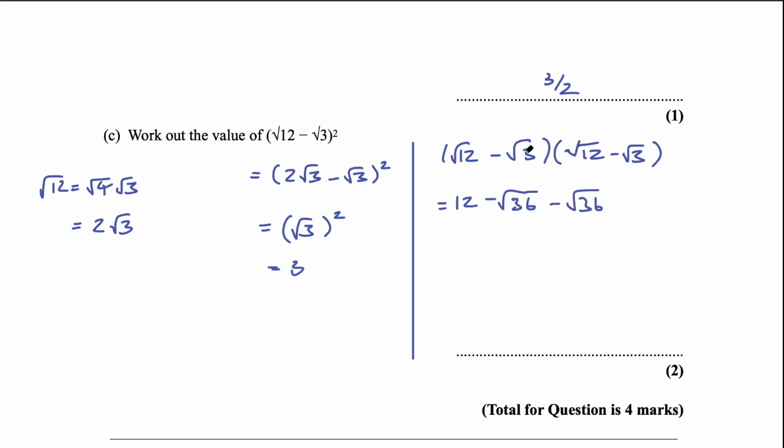And then negative root 3 times negative root 3 is plus 3. 12 plus 3 is 15. Take 6. Square root of 36 is 6. And then we have another 6 there. So 15 take 6 take 6. 15 take 12 is 3. So I would suggest doing it the first way, but if you did do it the other way, you'd still get the right answer, as it always should be in mathematics. So final answer there, 3.